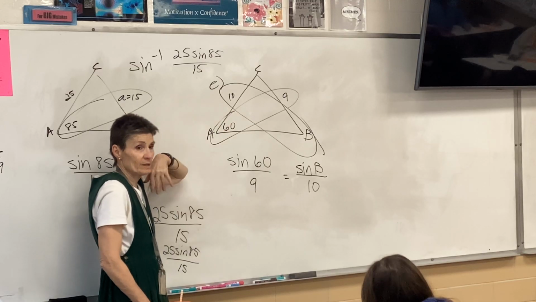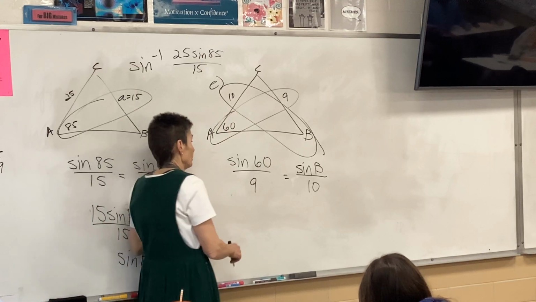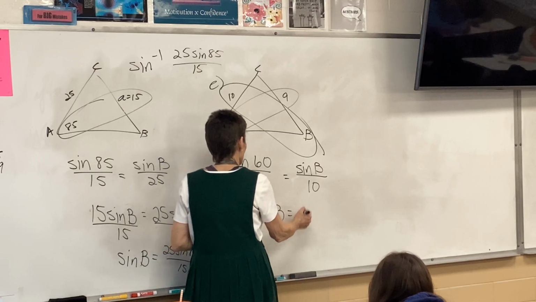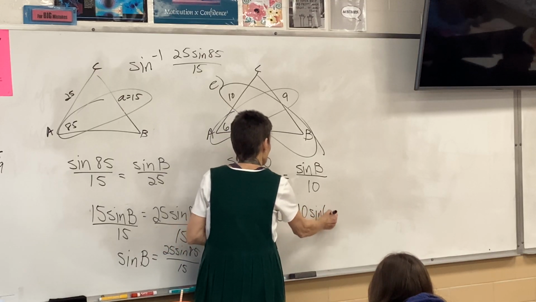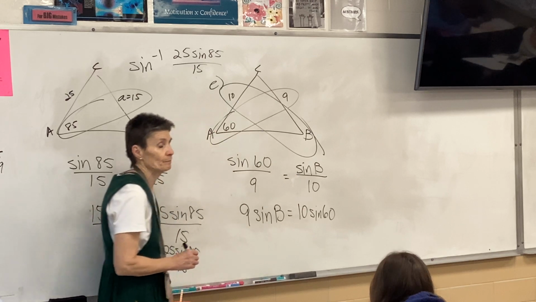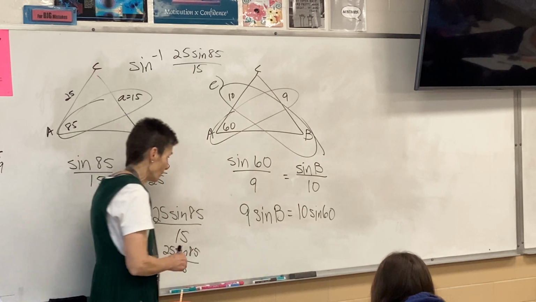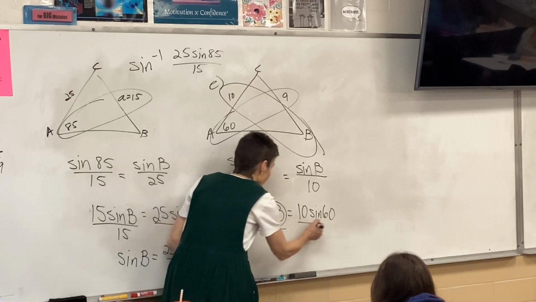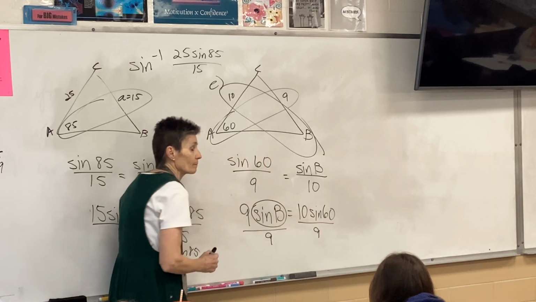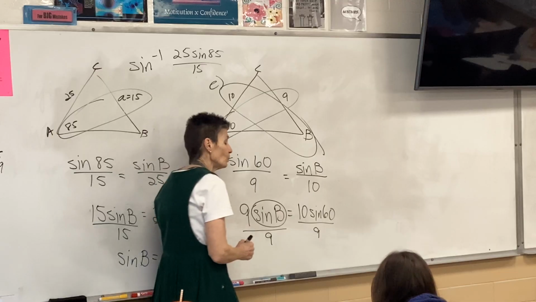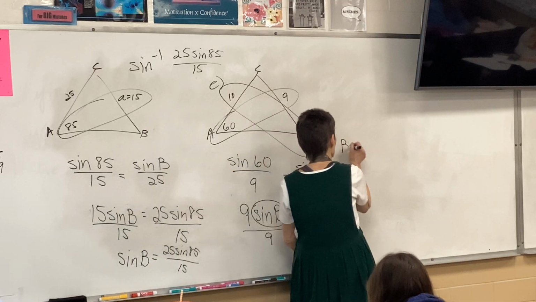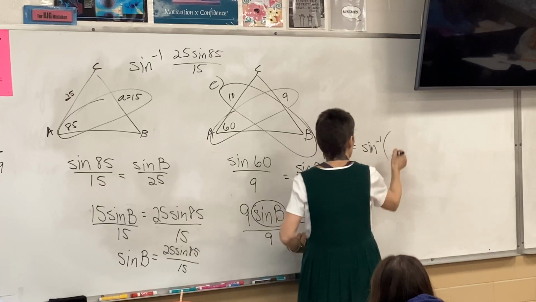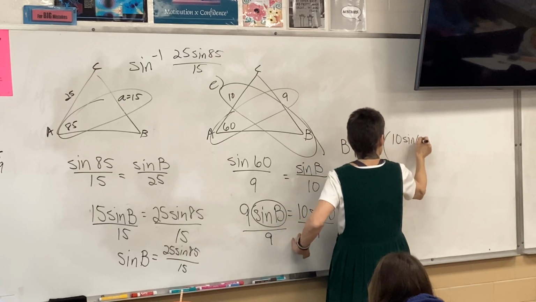All right, now what do we do? Cross multiply. So 9 sine B equals 10 sine 60. And we divide by 9 because this is a unit. And then we're going to type into our calculator second sine 10 sine 60 over 9.